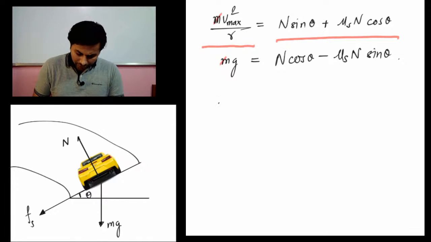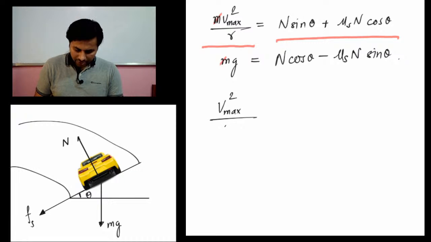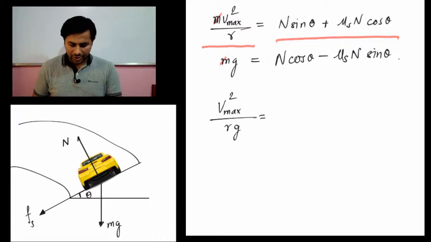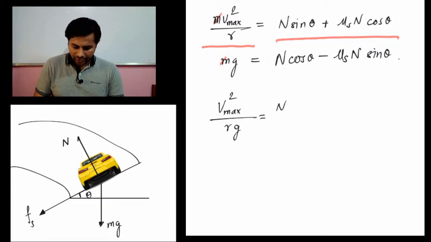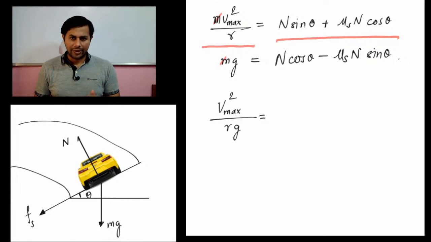Okay, so V max square divided by Rg equals, on the right hand side, we can take N common from all terms and cancel it out. N is present in all terms on the right hand side, in numerator as well as denominator, so we can take it common and cancel it out.